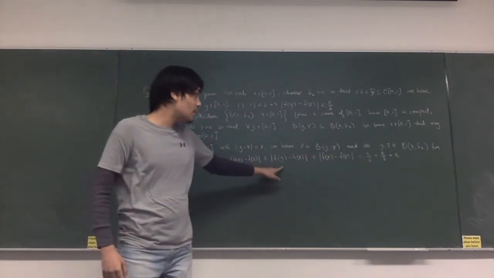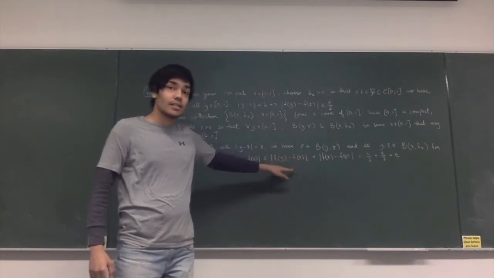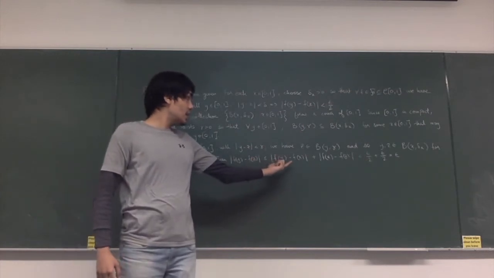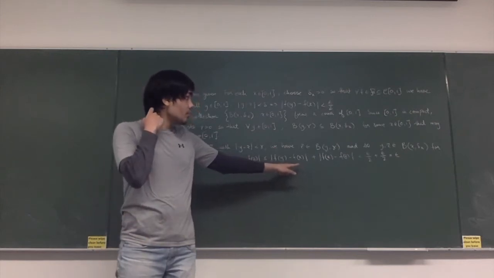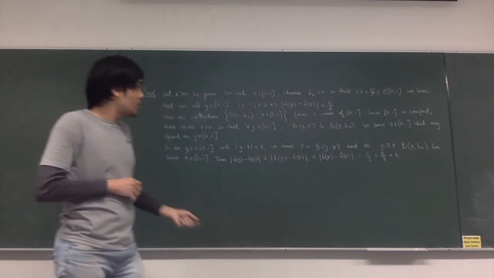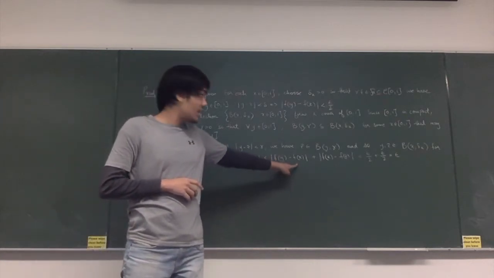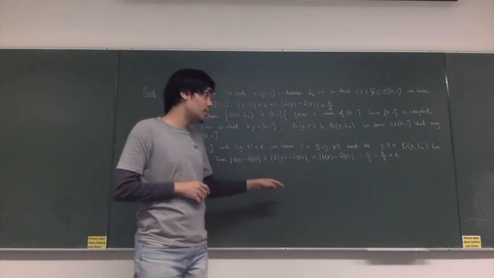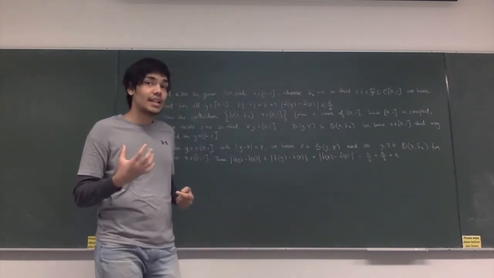And by the way, we chose x and delta_x. We know that y has to be within delta_x of x, and so does z, because y and z are both contained in the ball centered around x of radius delta_x.